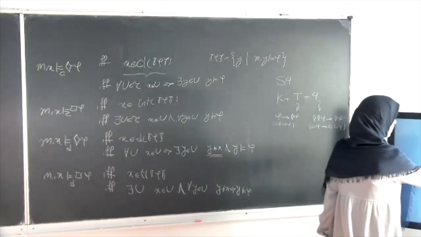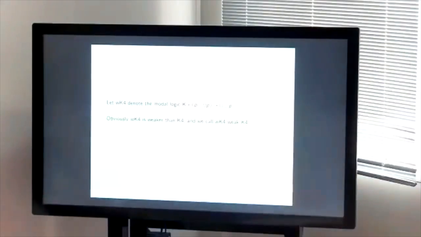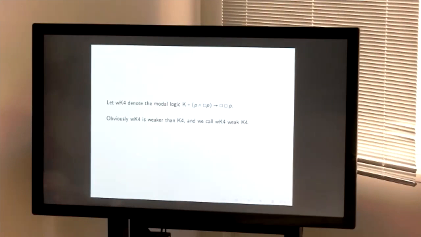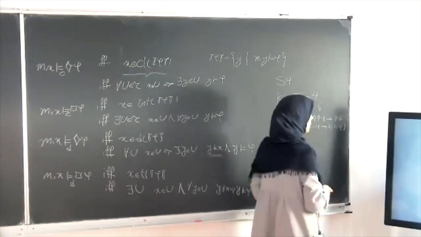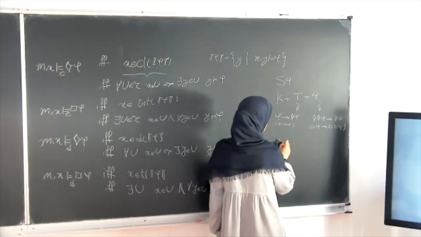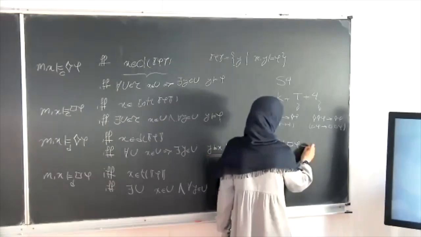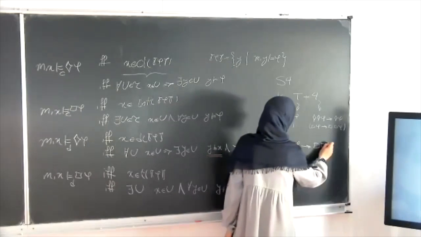But here I have a version which is weaker than 4. It says that instead of having box phi then box box phi, we have phi and box phi, then box box phi.